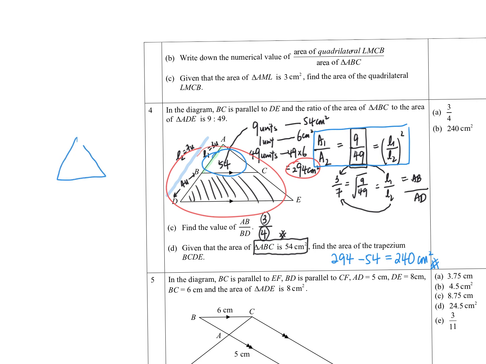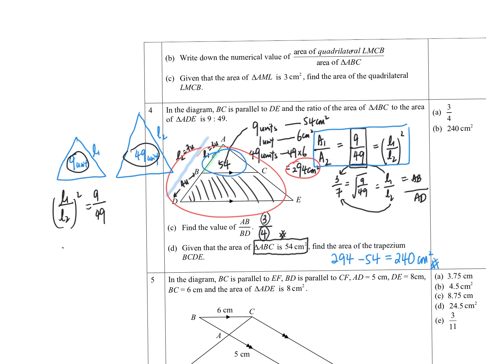This small one, they say is 9 units, the area. This big one, they say is 49 units. So how to find the ratio of this L1 to L2? So what we learn is L1 over L2 squared will give you the ratio of their area.